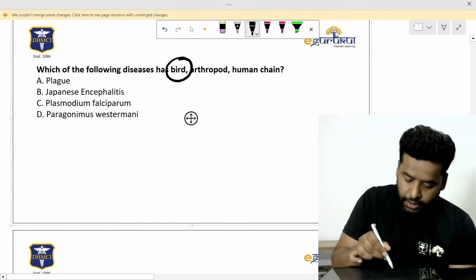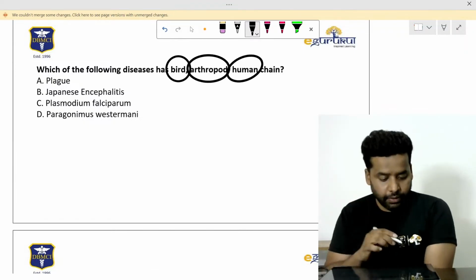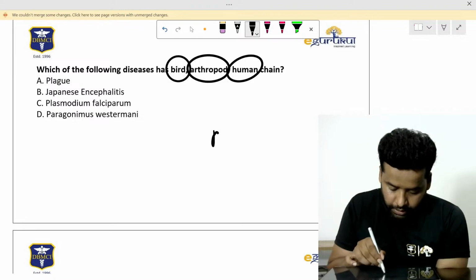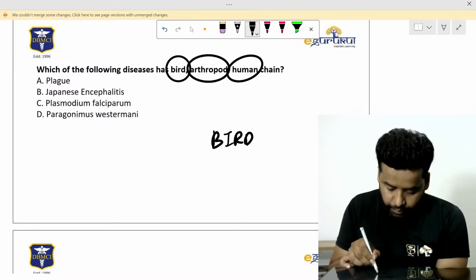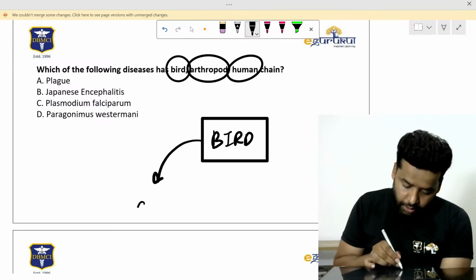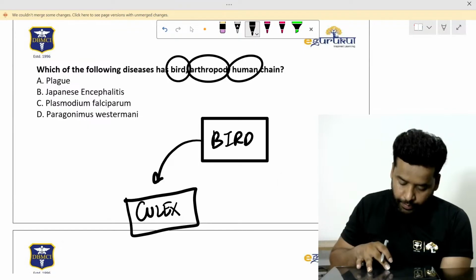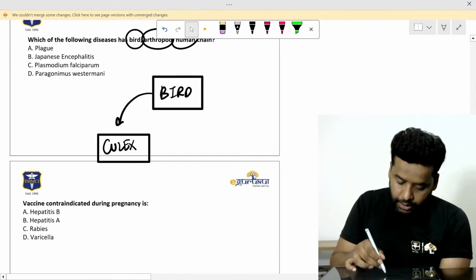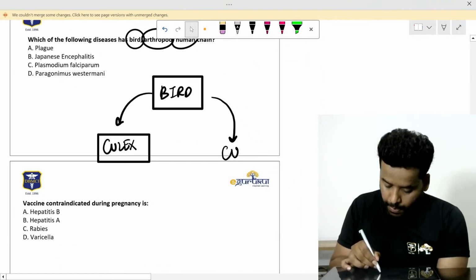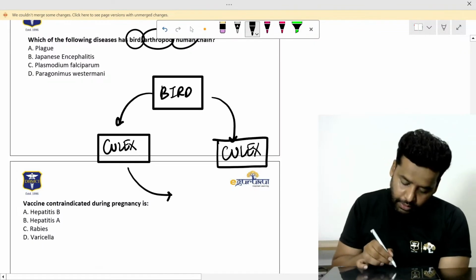Now the cycle: bird, vector, man. If they ask this question, the bird will be the reservoir. Culex tritaeniorhynchus will be the vector.